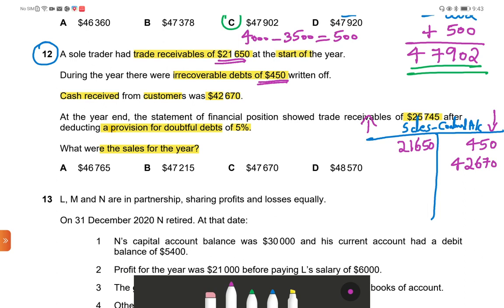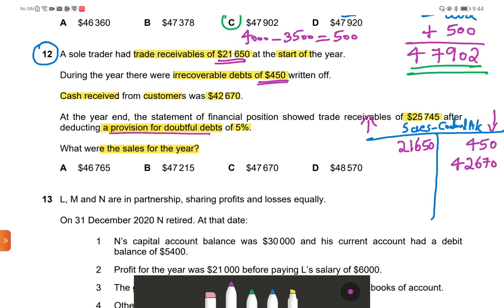Then next, at the year end, the statement of financial position showed trade receivable 25,745 after deducting the provision for doubtful debts. In the control account, we show the sales before deducting the provision for doubtful debts.